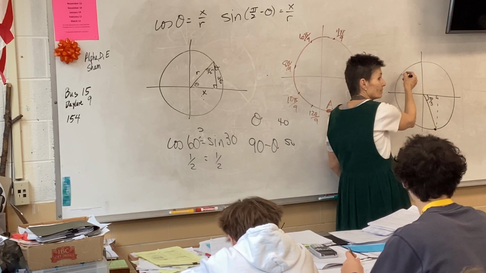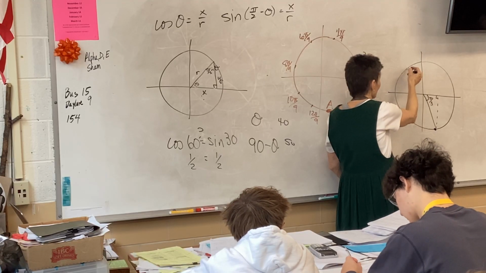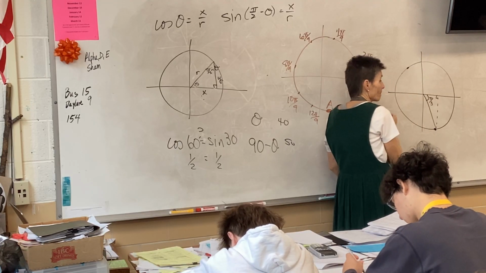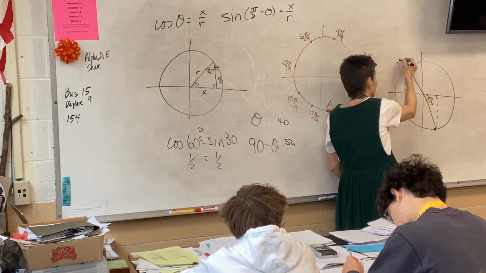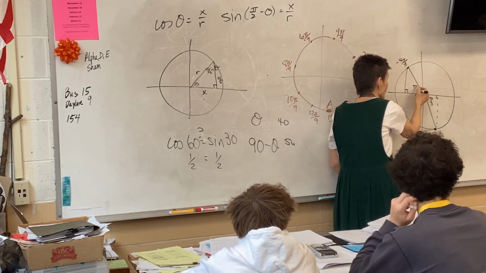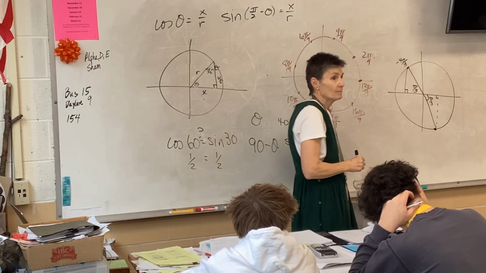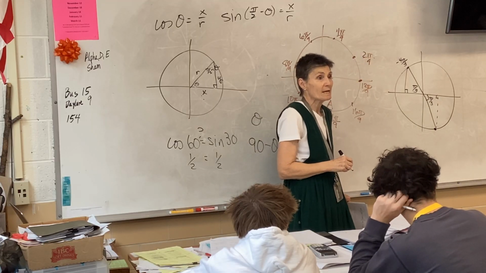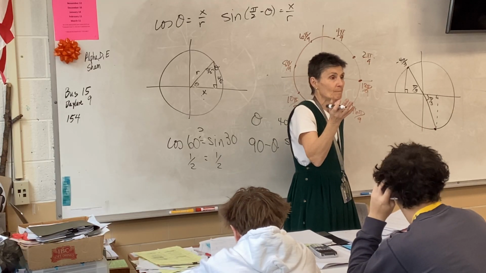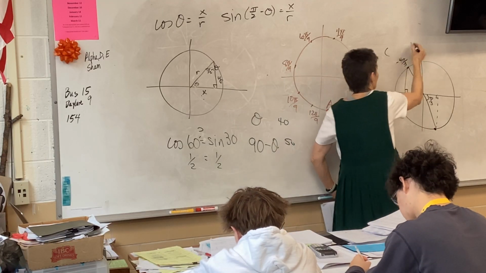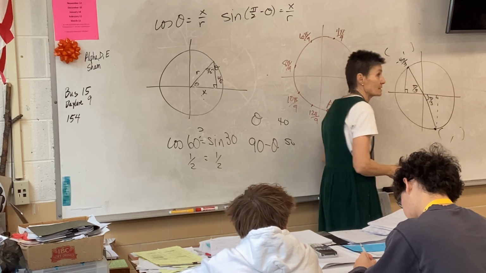Isn't that right here? What is the reference angle for negative 4 pi over 3? Isn't it also pi over 3? Yes, they're both pi over 3 angles. So they're going to have the same reference angle. Their point's going to be the same, except for signs, negatives.